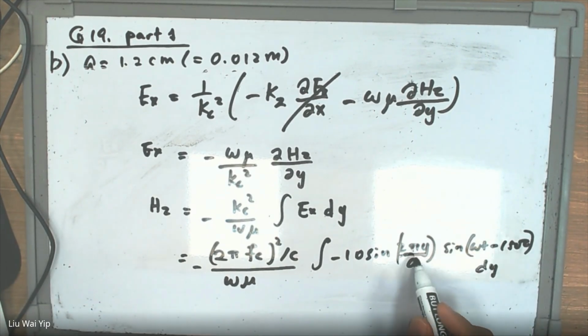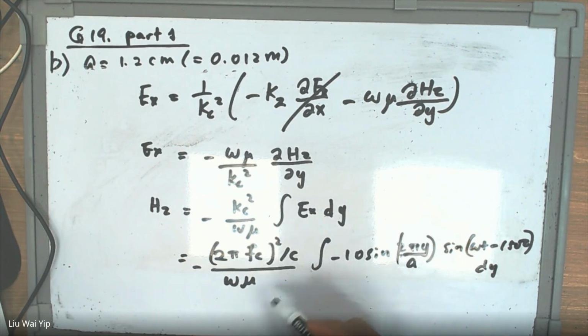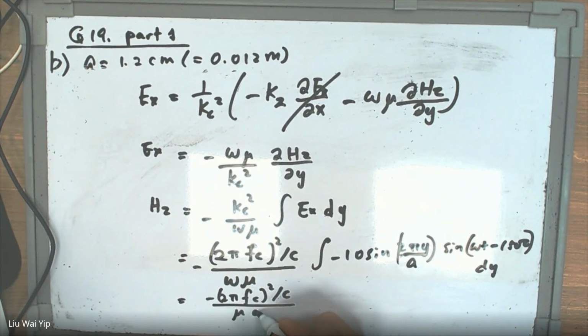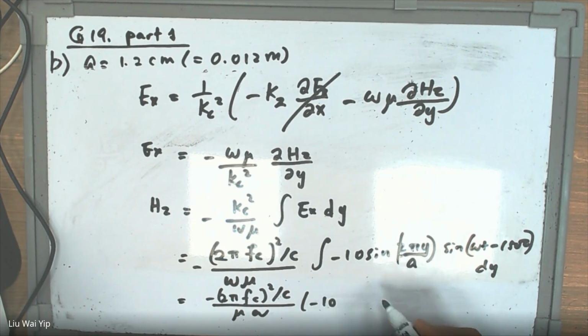So you just need to integrate this term. So minus 2 pi fc and then square and then c, and then times 10, and then the integral of sine is cosine, but you have to have a minus here.